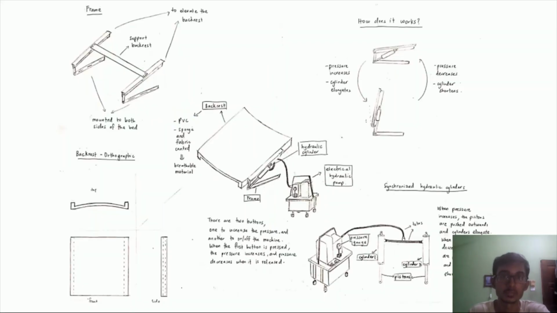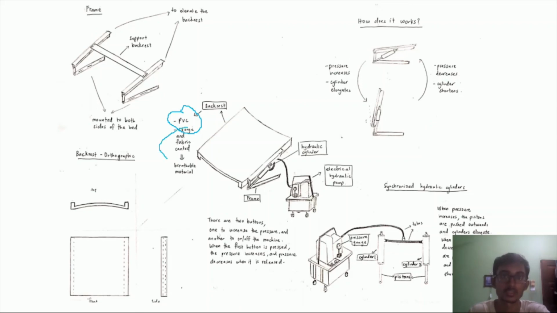Now let's look at the material of the backrest. So the material is basically made of PVC. Since PVC is a durable and strong material that is able to withstand heat or pressure, and PVC is also an environmentally friendly material, and it can prevent irritation or allergy to sensitive skin.